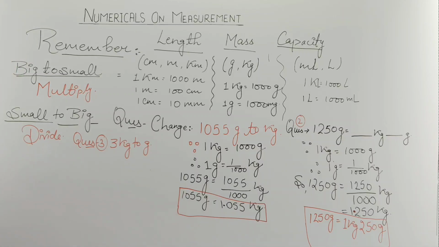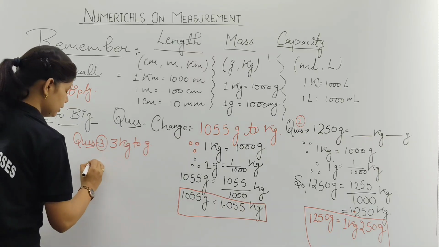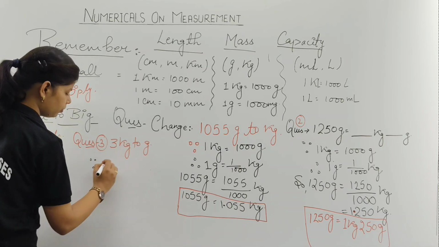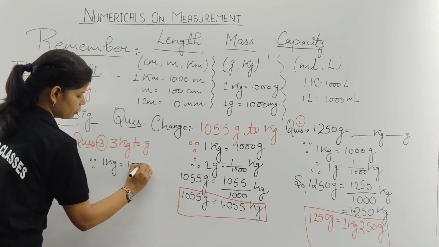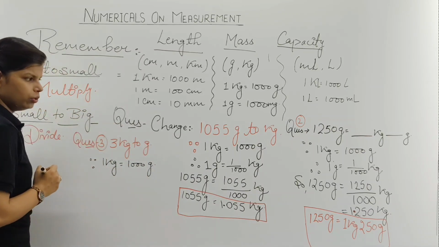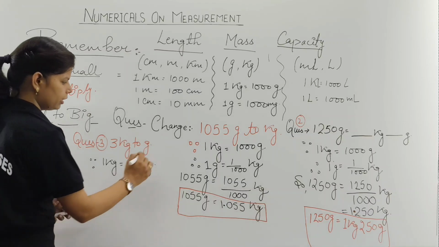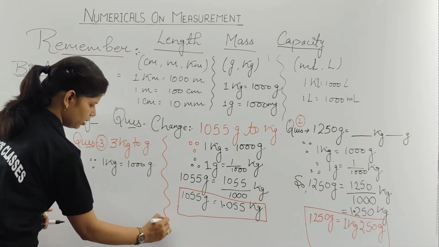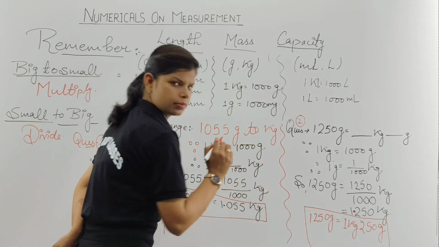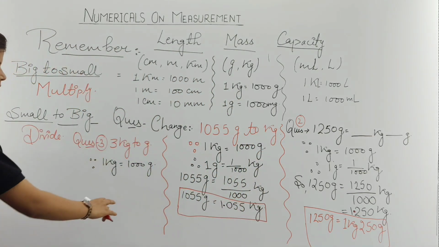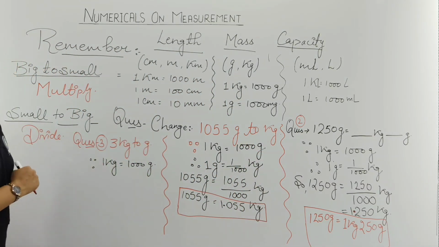So when you have to convert the bigger unit to the smaller unit, you have to use the operation multiply. Please keep your eyes here. Since what you know? 1 kg equal to 1000 gram. I'm going to segregate this so that you will not be confused. This is the solution. That means 1 kg equal to 1000 gram. You get my point?